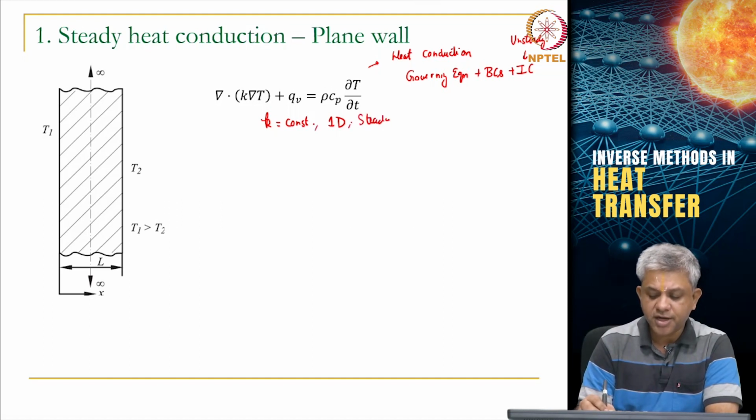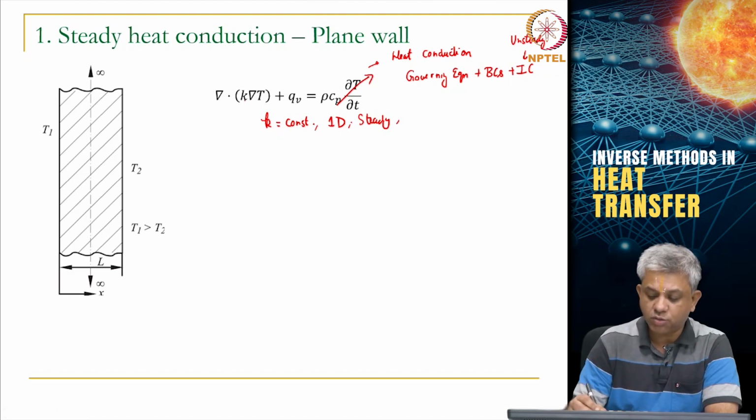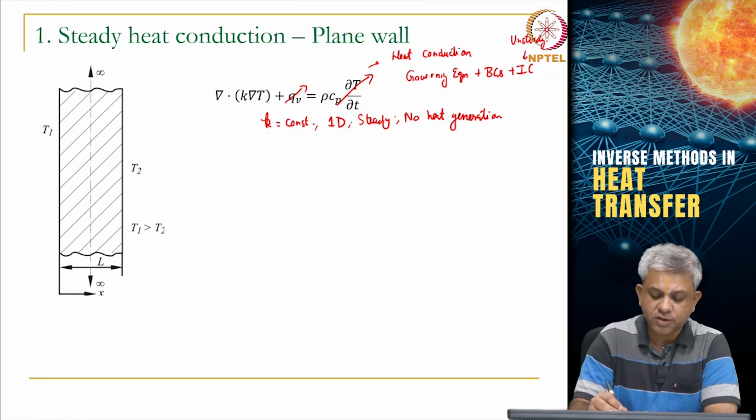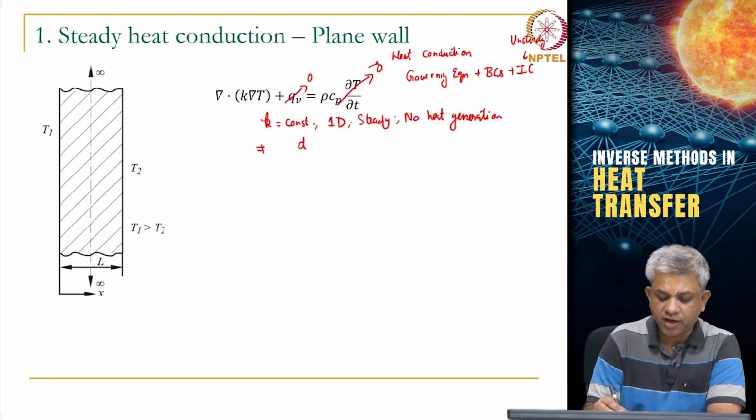Because it is steady, this term disappears. Because k is constant, you can take it out. We will assume no heat generation. We will also do some examples with heat generation later on in the course, but for now let us assume that this is 0 as well. And then because it is 1D, we finally get d squared T by dx squared equal to 0.